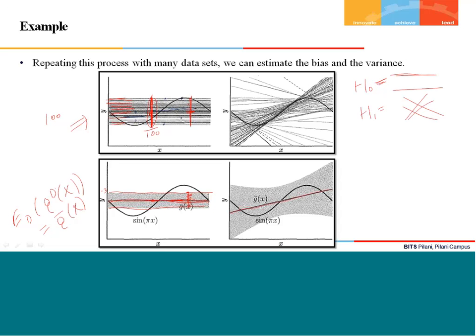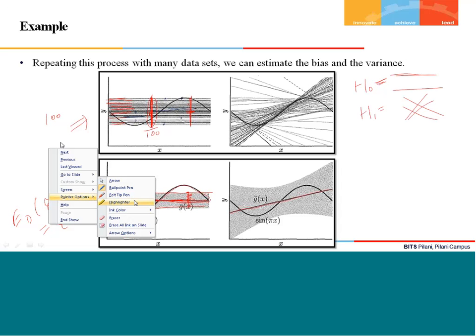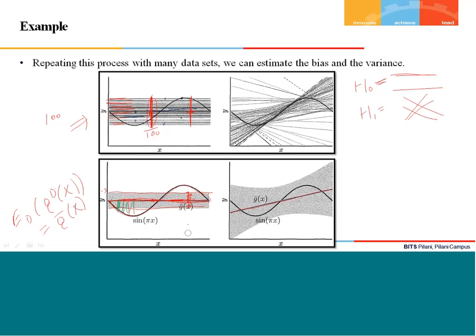See the error here, the error of the average hypothesis. The error here is this. All this is the error here. And the error here is this.